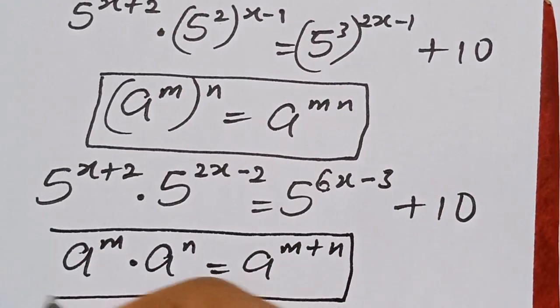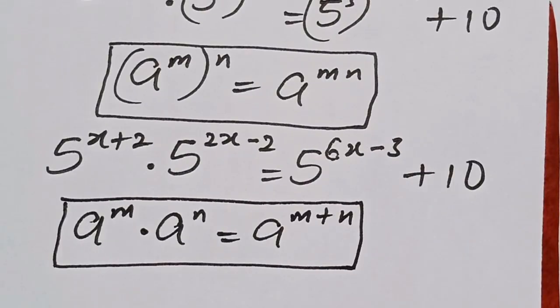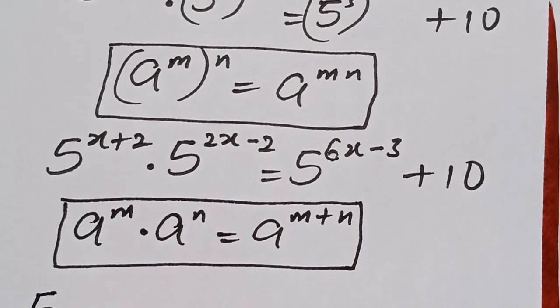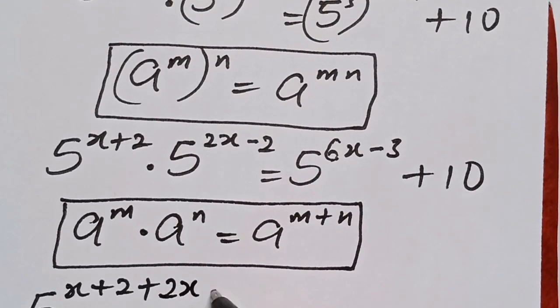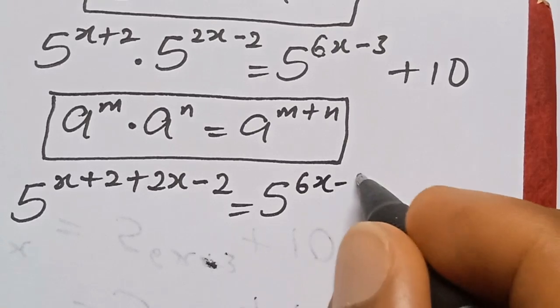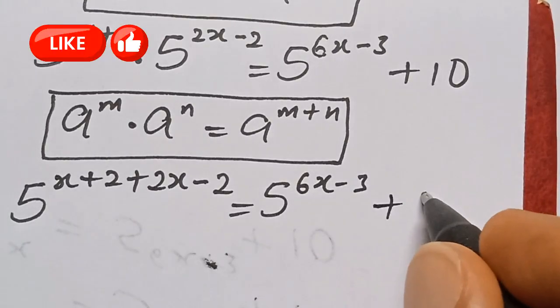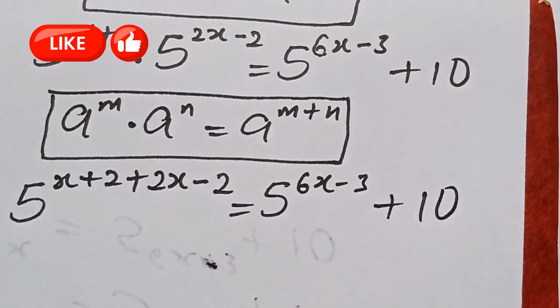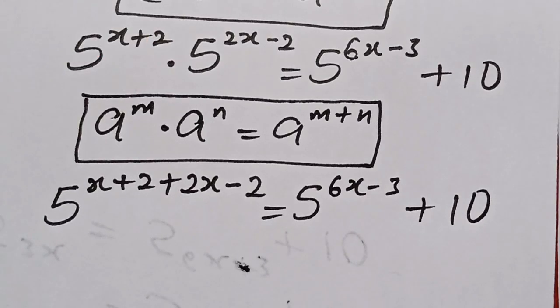We consider this identity as well to combine the exponents of the left hand side. So that gives us 5 raised to power x plus 2 plus 2x minus 2 equals 5 raised to power 6x minus 3, plus 10. Okay, this is what we are left with.